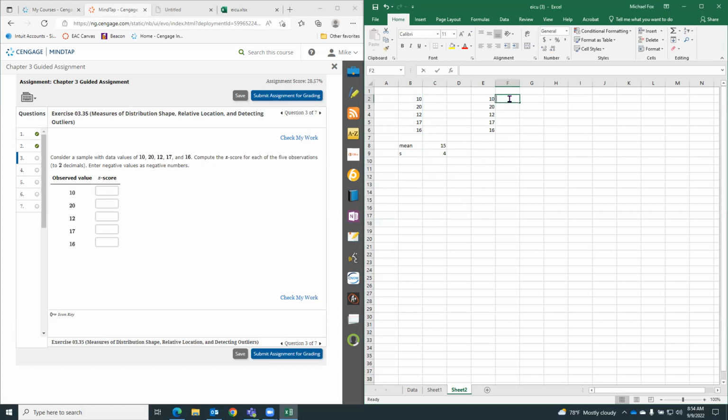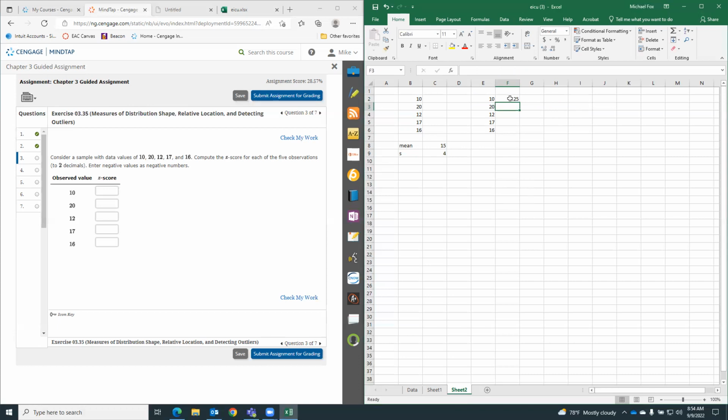To find the Z-score of 10, I'll do equals standardize, where X is the number I'm looking for, like 10. The mean is this mean we found right here. And the standard deviation is the standard deviation we found right there. So 10 is 1.25 standard deviations below the mean.